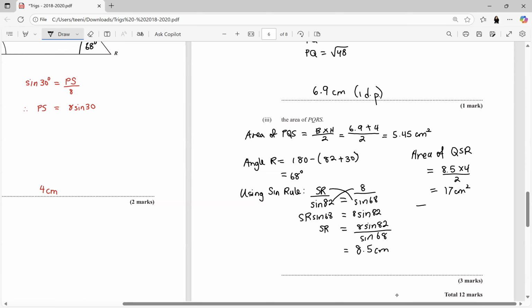So the total area of PQRS, not PQSR, not that it matters, would be 17 plus 5.45, which will give me 22.45 square centimeters. Anybody got that answer?